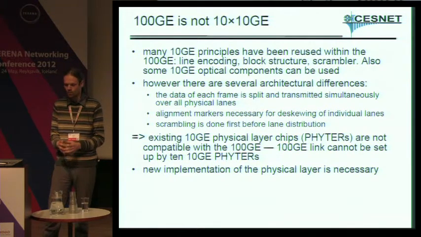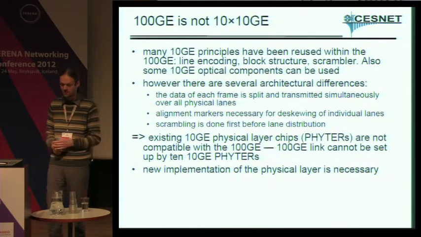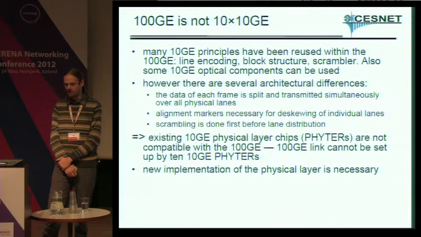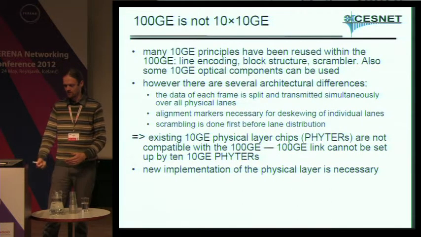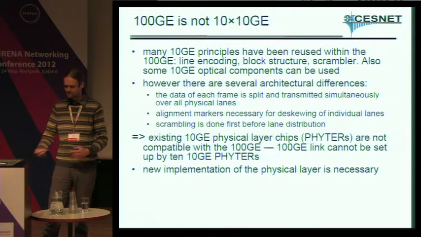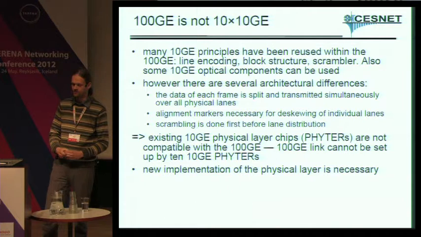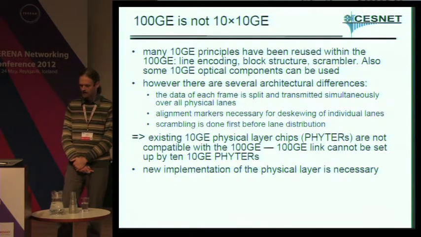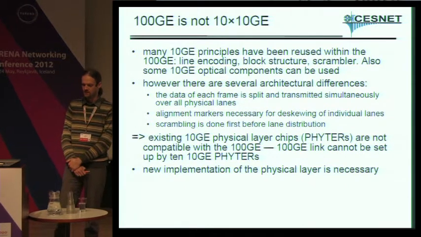It will be rubbish. Also, a completely new thing is the alignment markers, which are inserted periodically into the stream to deskew the individual lines, because the delay on the optics can be different on each fiber. Also, the scrambling is done before the line distribution, and that's another complication.